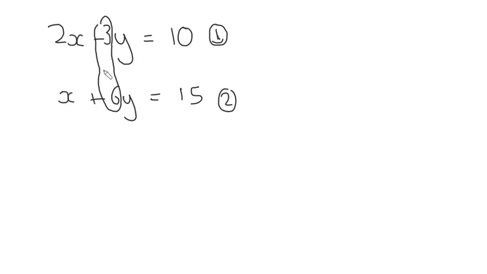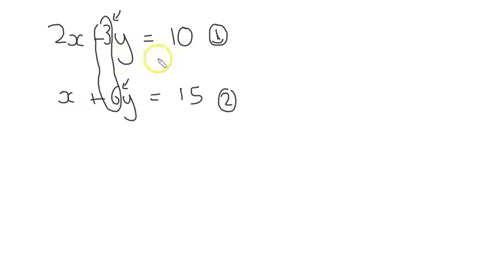So what we would like is to have the numbers in front of y to be the same. We're not too worried about the signs being the same, but we really want the numbers in front of y in this case to be the same. So what we would like is a minus 6 here instead of a minus 3, because there's a positive 6 here.